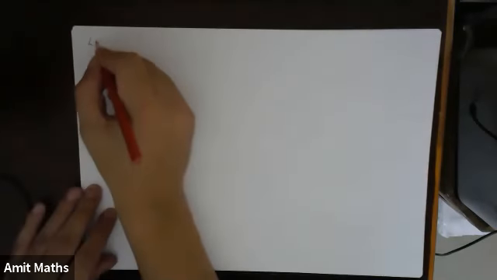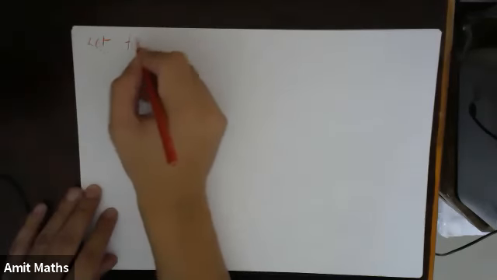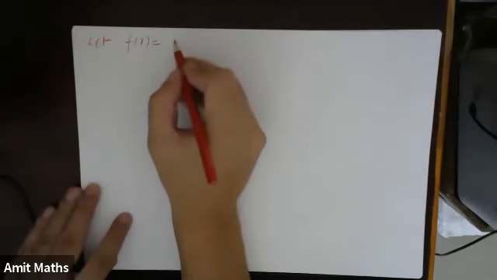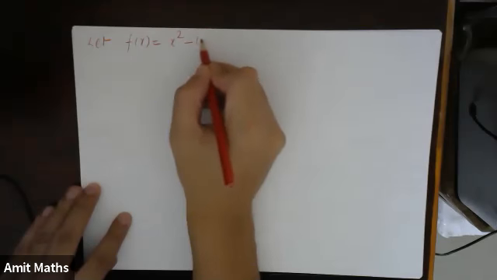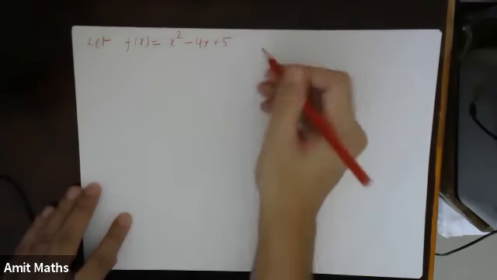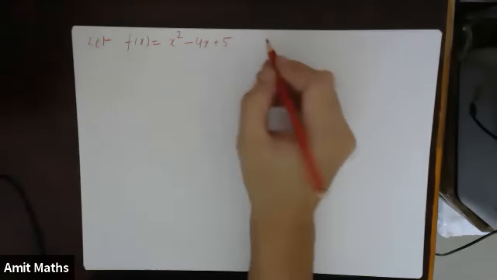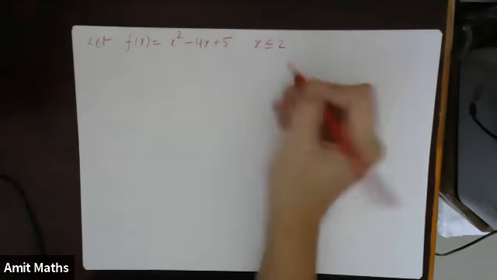The question given is: let f of x equal x square minus 4x plus 5 for x less than or equal to 2.